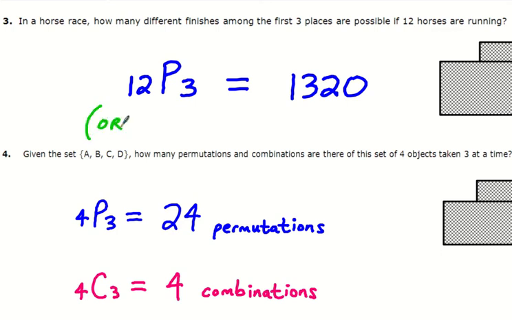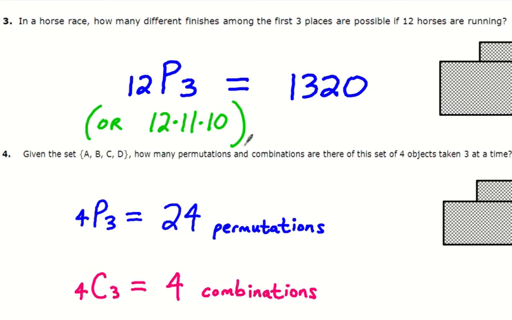There's 12 different ways the first horse can finish, 11 ways the second place horse can finish, and 10 ways. So either way, you're going to get 1,320.